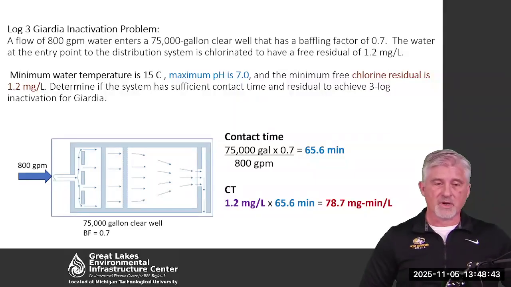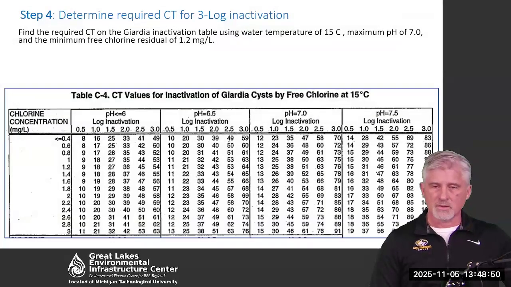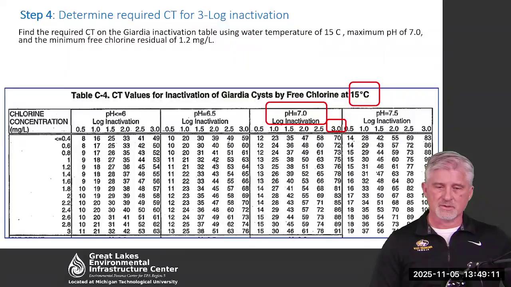Next, we want to compare that to the 15 degrees Celsius Giardia table. So we pull up that table, and it is the 15 degrees Celsius table. Our pH is 7.0 maximum. We need a 3 log inactivation, and we have a free chlorine residual of 1.2.